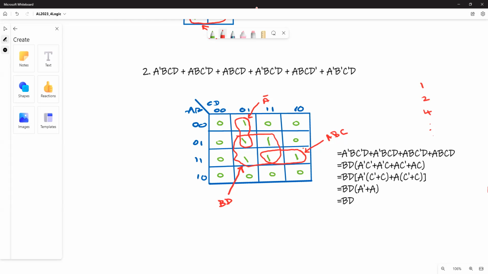A bar. And the other side we have what? There's no change, same value.